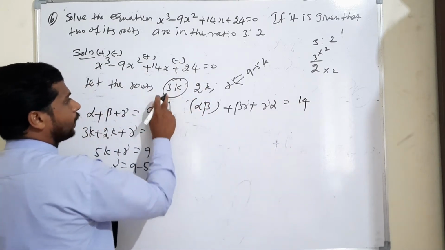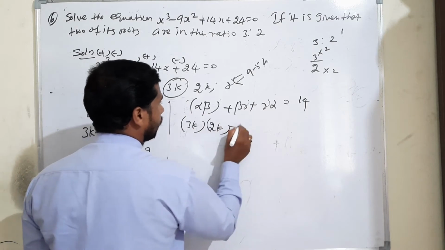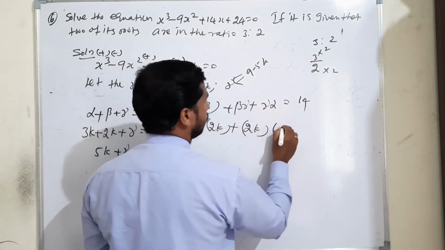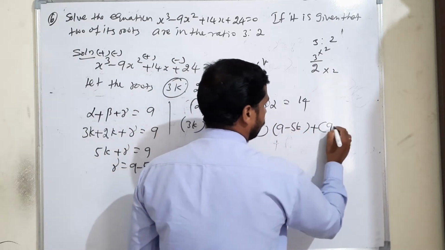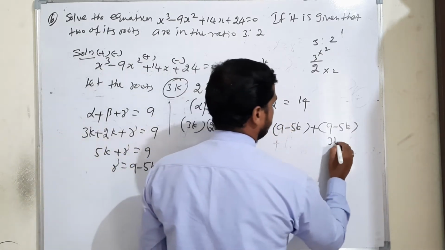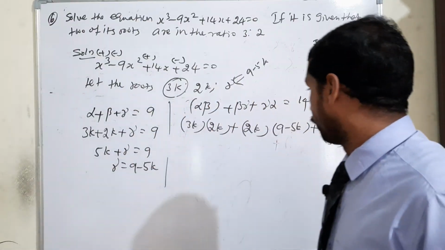Now we can apply alpha is equal to 3k, beta is equal to 2k. Then plus again beta is equal to 2k, gamma is equal to 9 minus 5k. The last one also, 9 minus 5k into alpha value 3k is equal to 14. Now it's correct, okay. Now what we have to do?